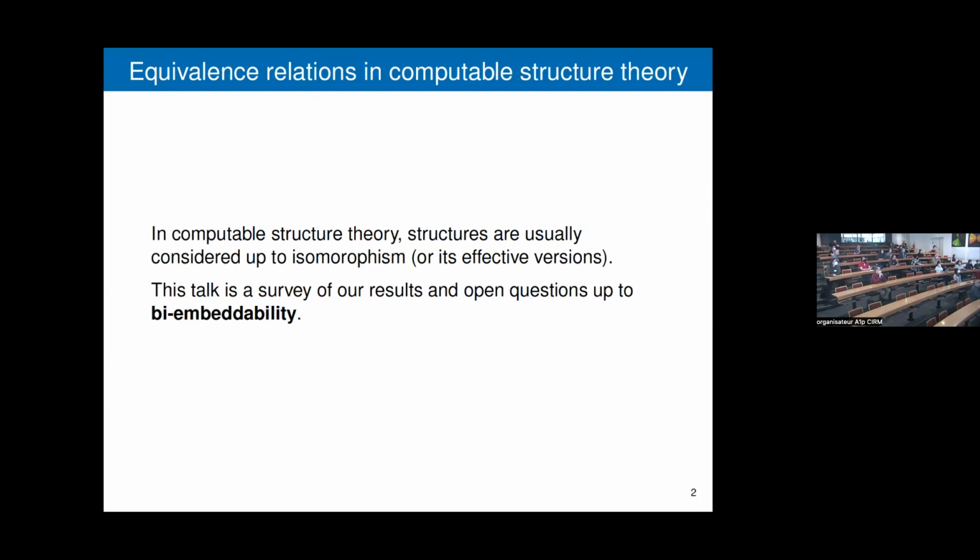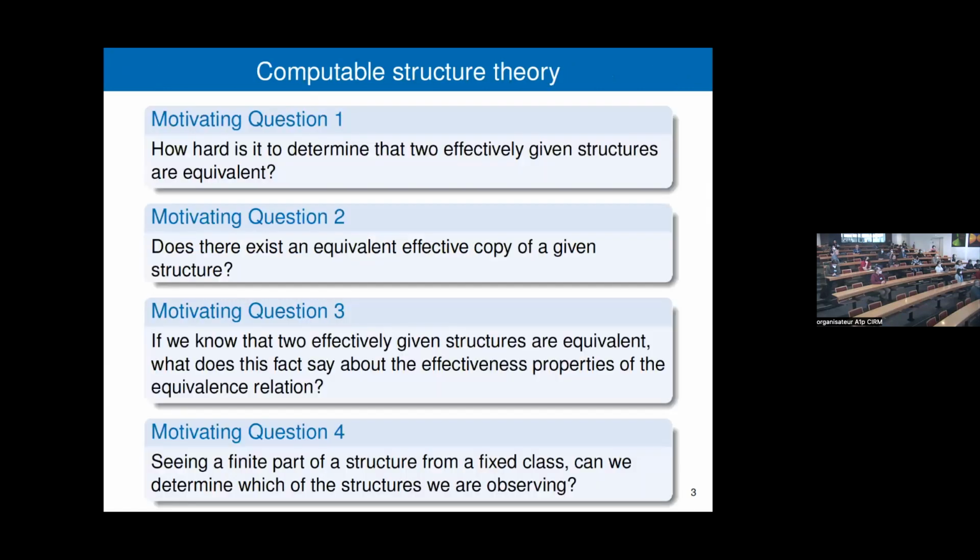Some results are easier for bi-embeddability, some results are more complicated, some results transfer trivially, some results are not at all trivial and not clear. So it is quite a nice picture. There will be 4 motivating questions, so 4 directions in the talk.